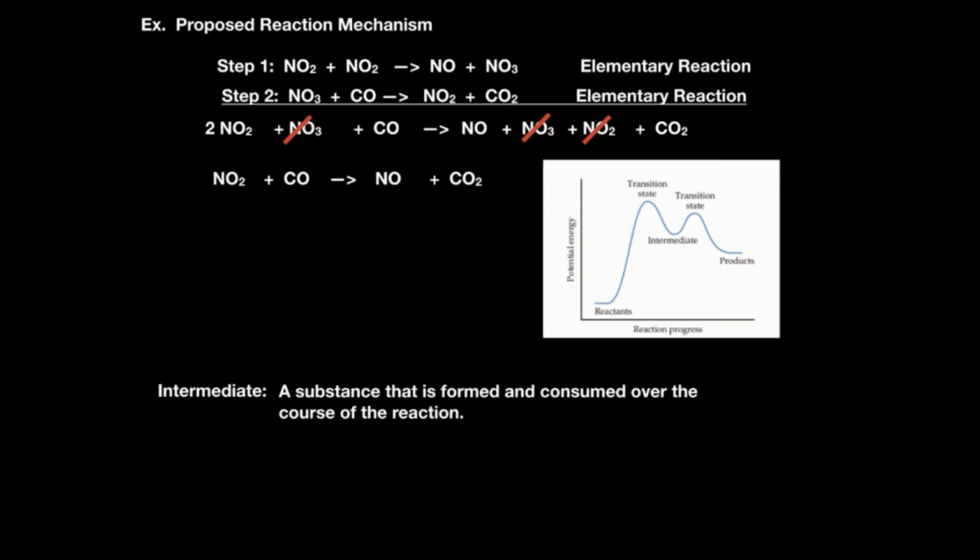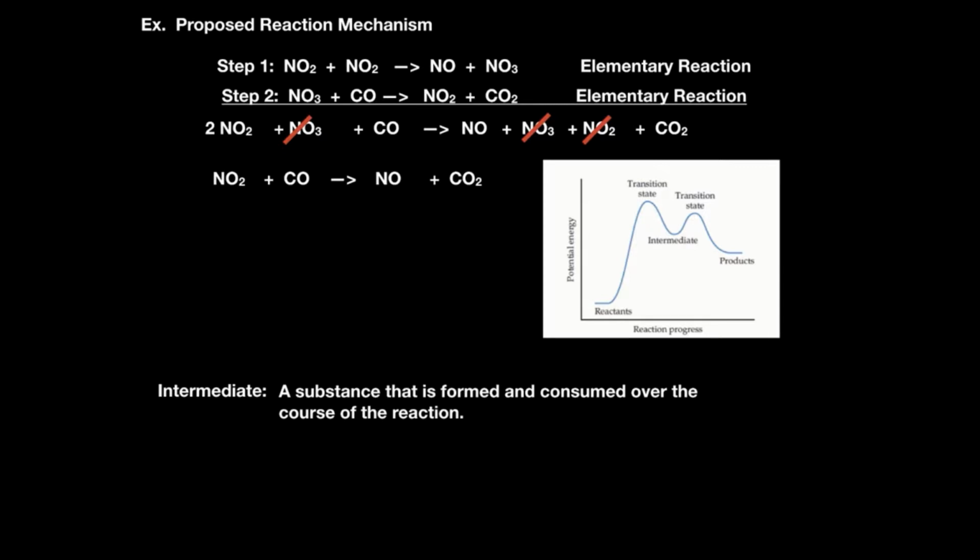Look at step 1. Over the course of step 1, your NO2s react together to produce NO and NO3. Then that NO3 is used up in step 2 in order to produce NO2 and CO2. So NO3 is going to be an intermediate.